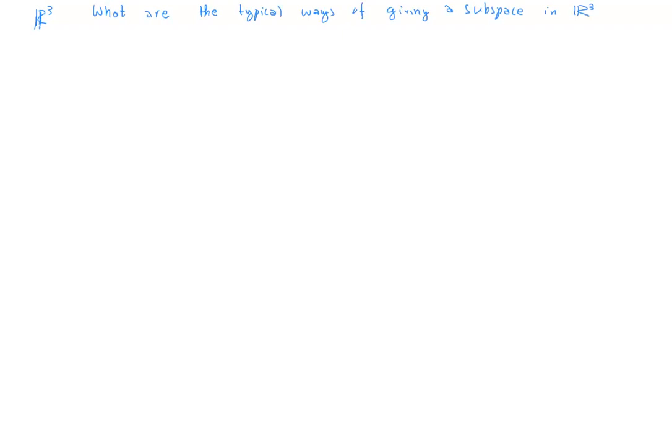So can anybody tell me what are the typical ways of giving such a subspace? So you have R3 and somebody tells you, okay, give me a subspace of R3. How are you going to give a subspace of R3?